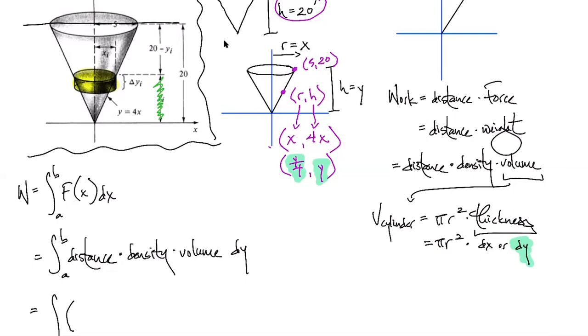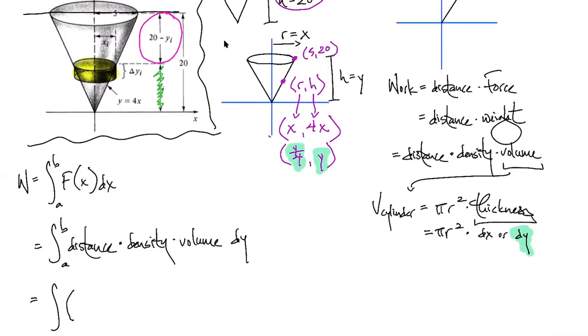But that's not what I want. I don't care about how much is left in there. I care about how far it is from the top, because it's going to take more work to get the bottom water out than it is to get the top water out. The top water is closer to the top. So to find the distance, we can't just put y. We have to say 20 minus y, because that tells us how far the water is traveling in order to leave the tank. So our distance is 20 minus y.